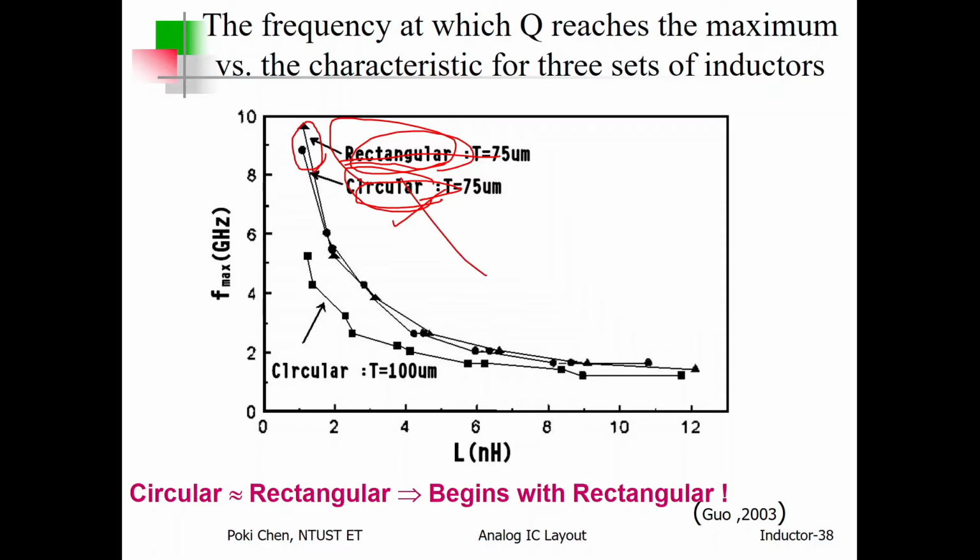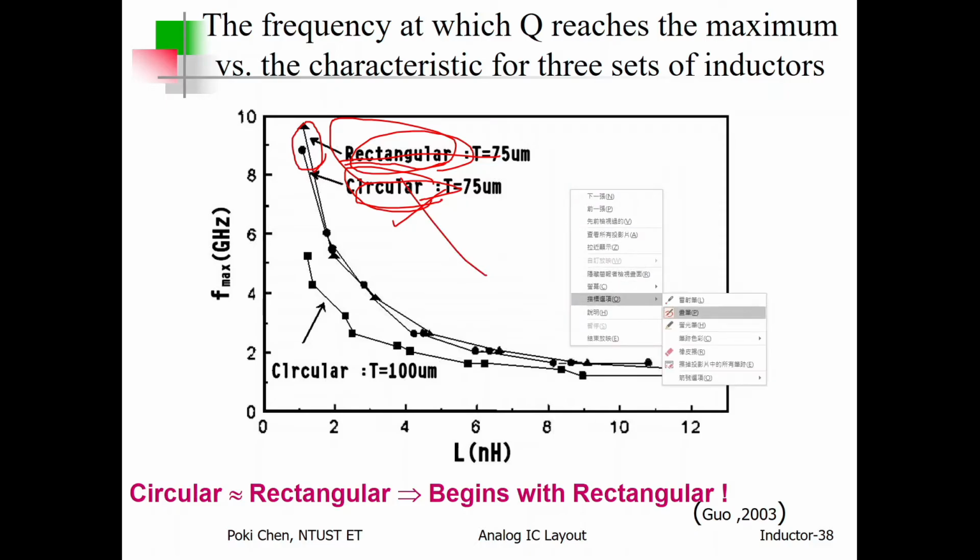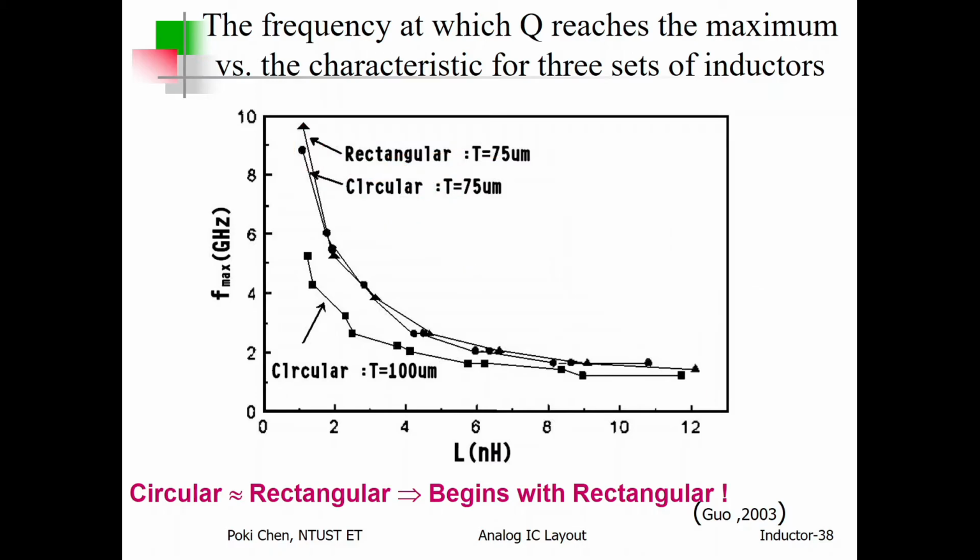Anyway, I would like to say, first of all, not much difference between the rectangular and the circular layout. And the second reason is the tendency looks very similar for rectangular or circular layout.